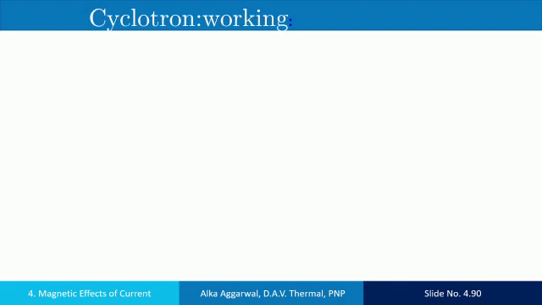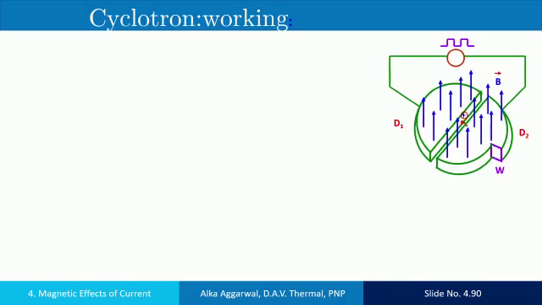Now see the working of the cyclotron. In a cyclotron, say a proton source is placed in the gap between the two Ds. Say D2 at that time is at negative potential and D1 is at positive potential.